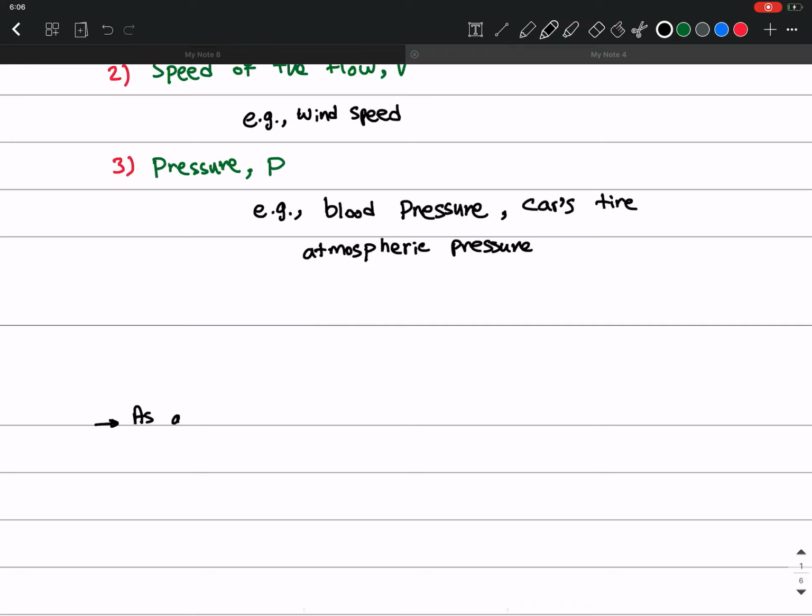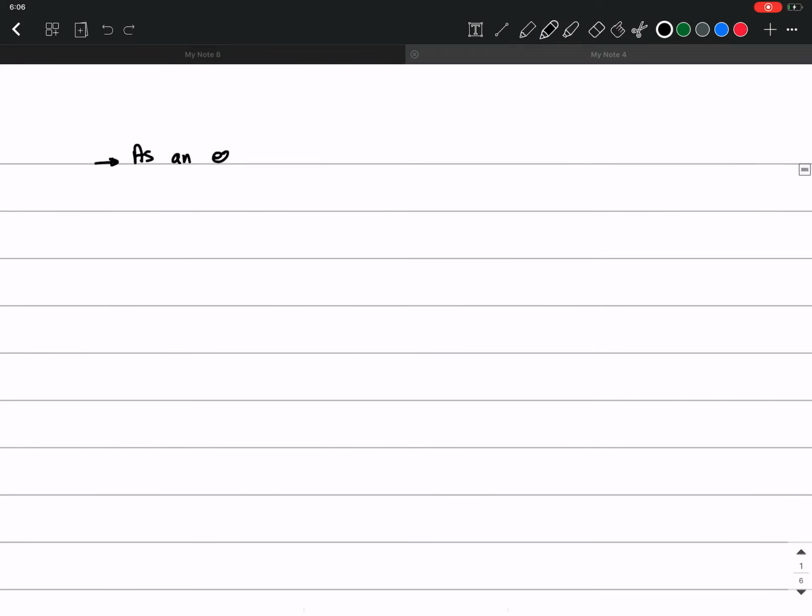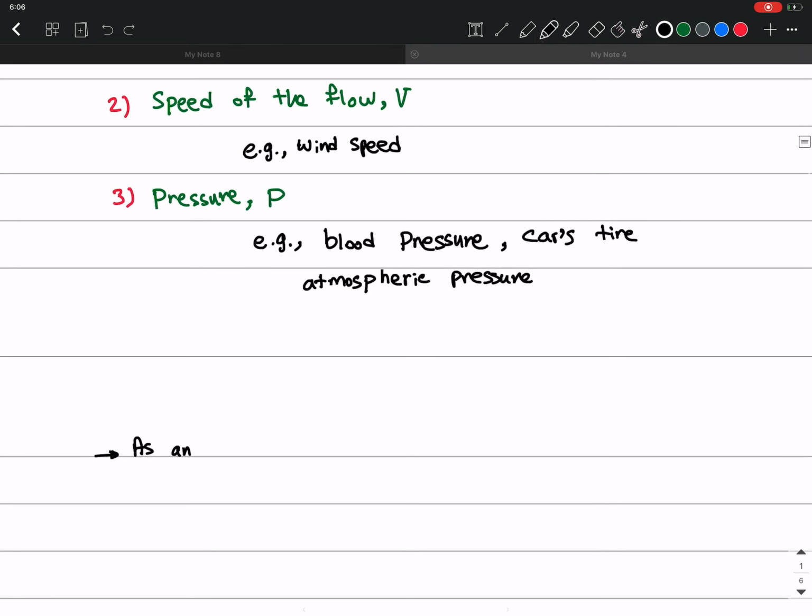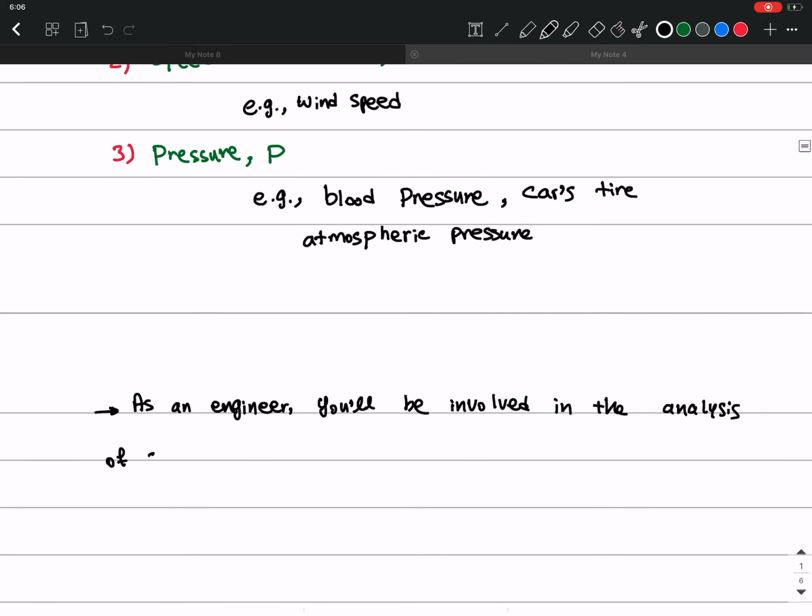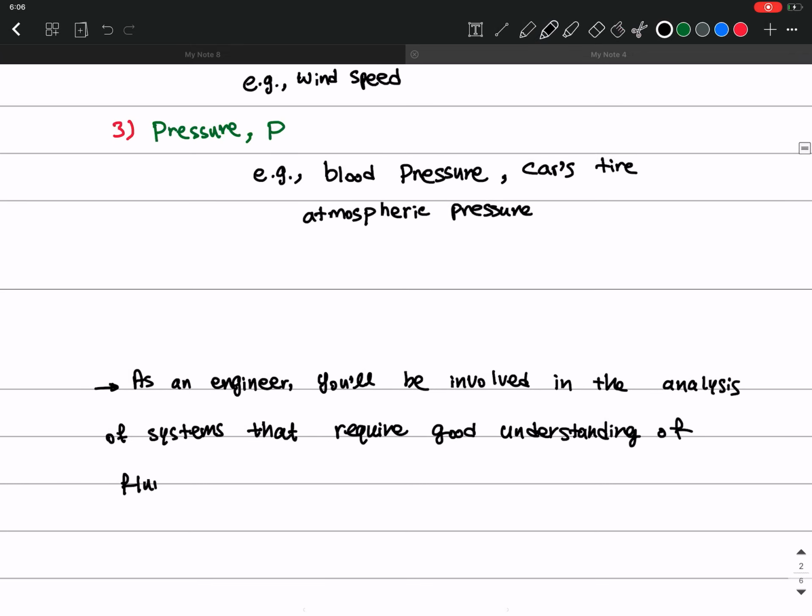As an engineer, you'll be involved in the analysis of systems that require a good understanding of fluid mechanics.